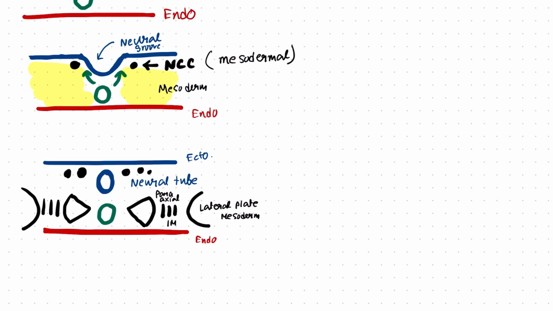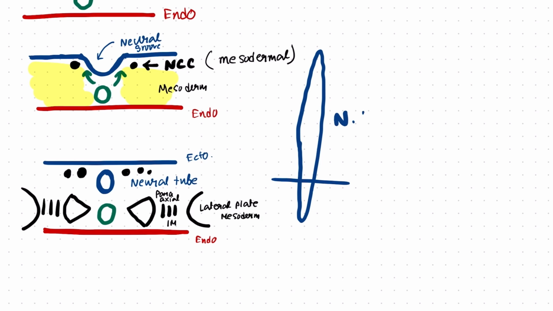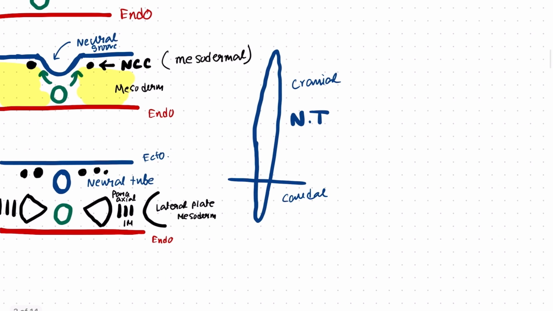Now suppose this is our neural tube structure. This is the cranial part, and this is the caudal part. They eventually form our central nervous system.